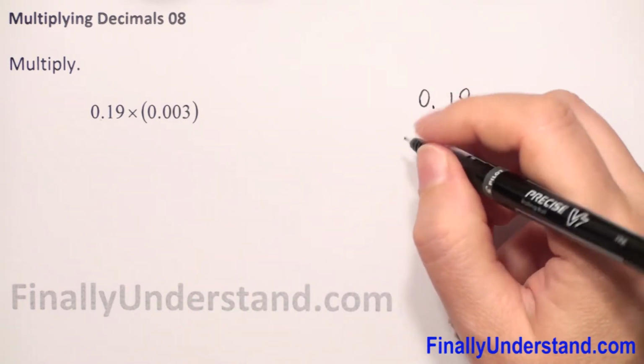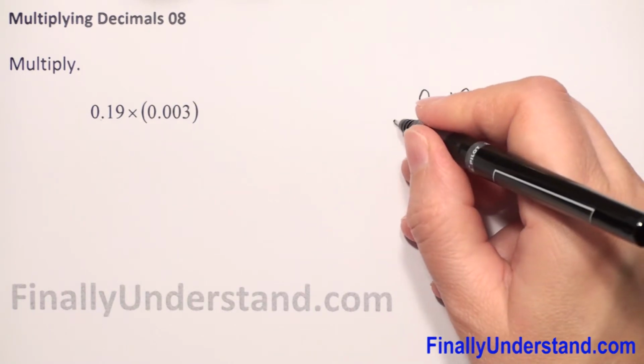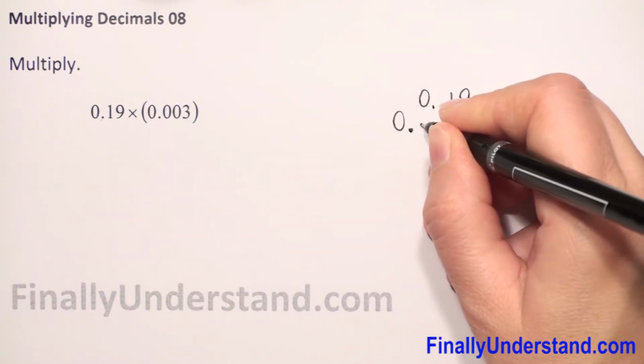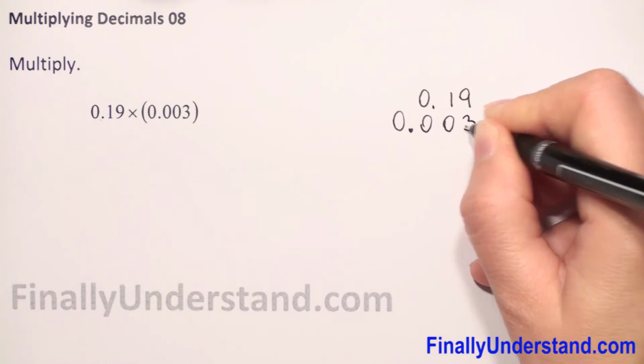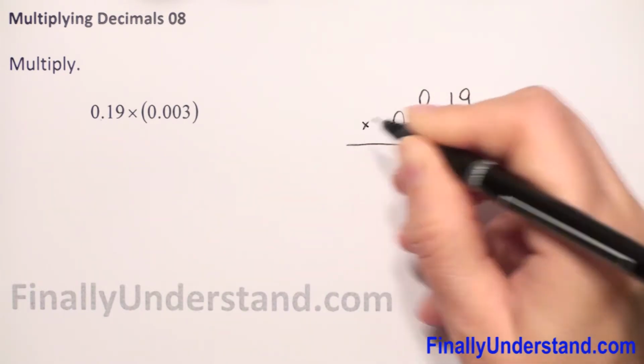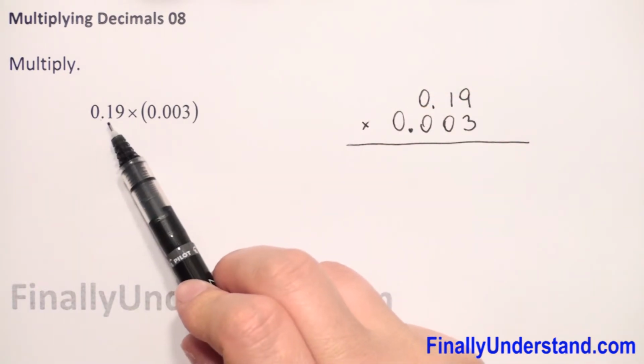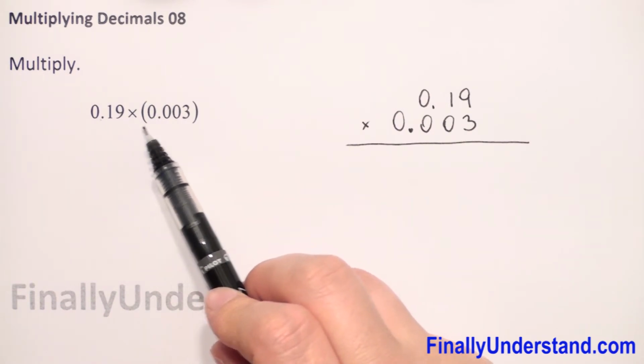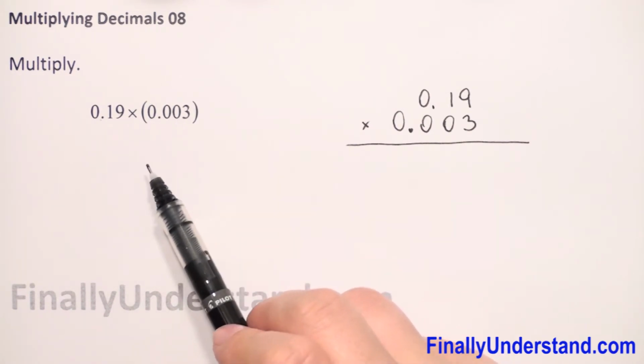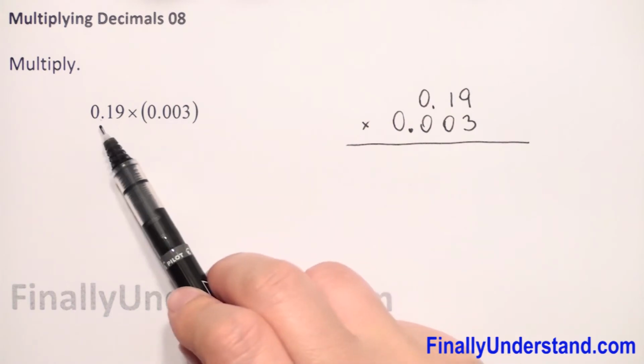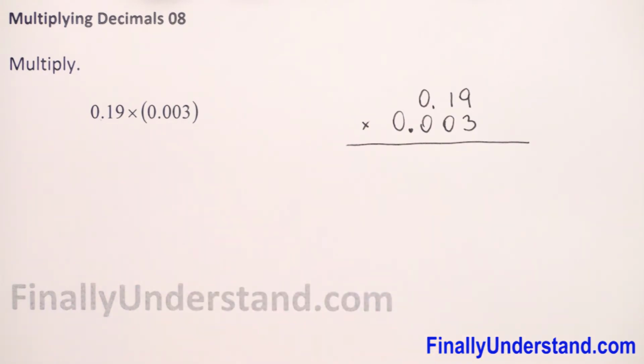0.19 and in the bottom we have 0.003. When we have multiplication, it doesn't matter if you multiply 0.19 times 0.003 or 0.003 times 0.19. The solution will be the same.